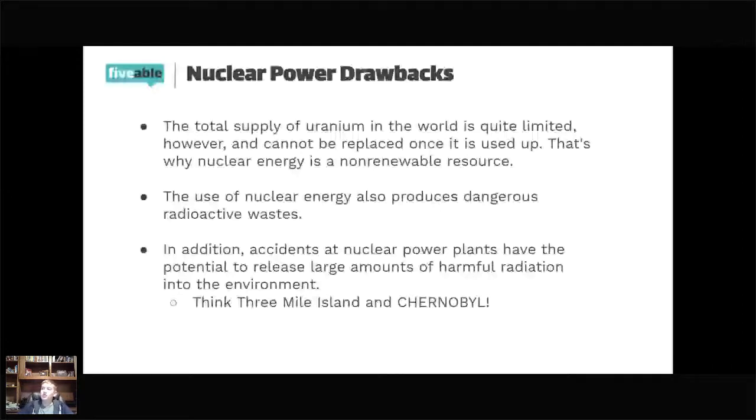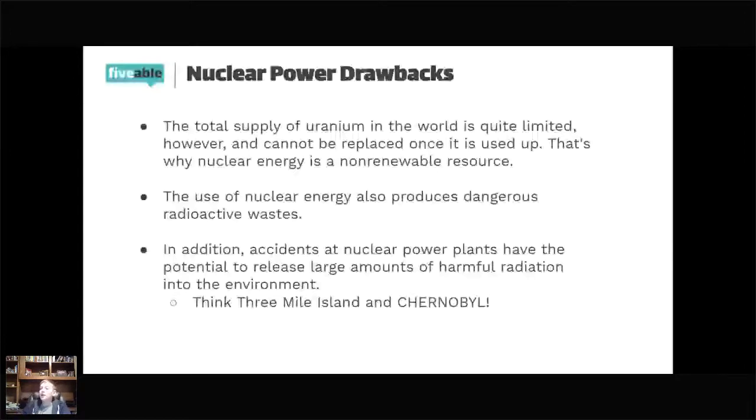So also, the use of nuclear energy produces dangerous radioactive waste. Even after all of the fission and the element is not usable anymore, you still have all of this radioactive waste to deal with. Uranium, plutonium, it's still radioactive.